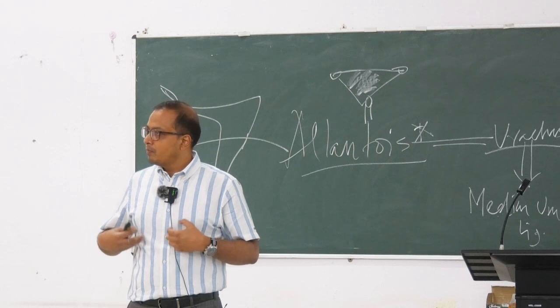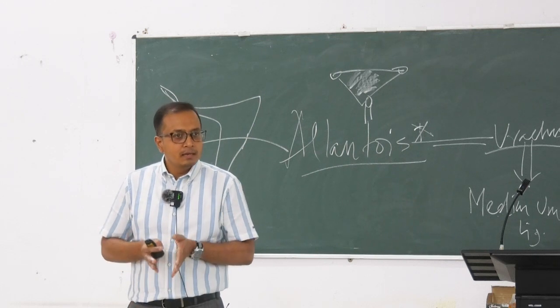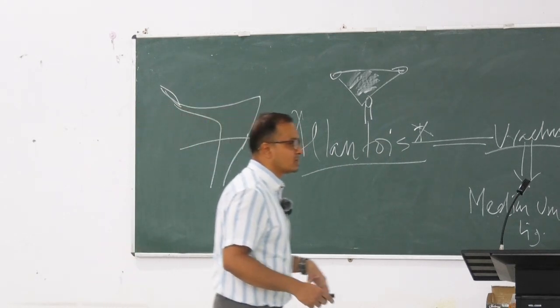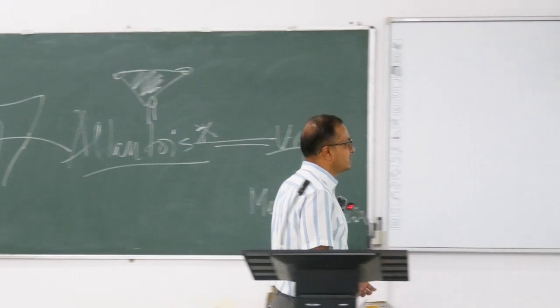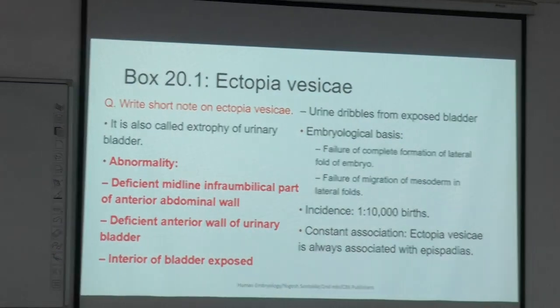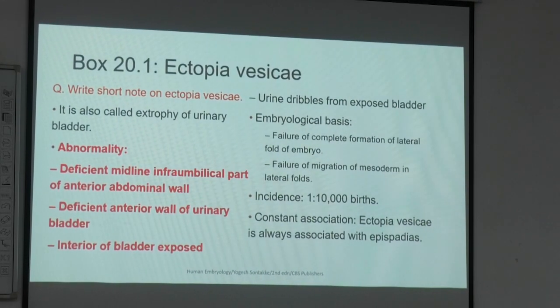So, the urine produced by the kidney keeps dribbling out. It is a grave entity, which we call ectopia vesicae, where the urinary bladder is expelled outside.